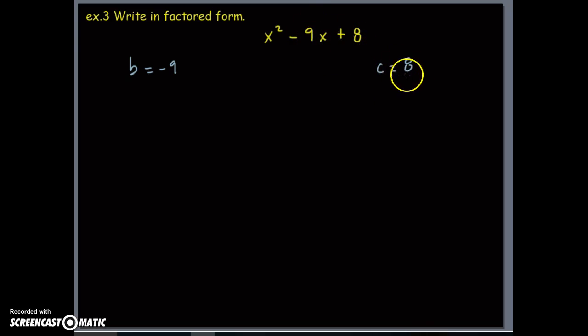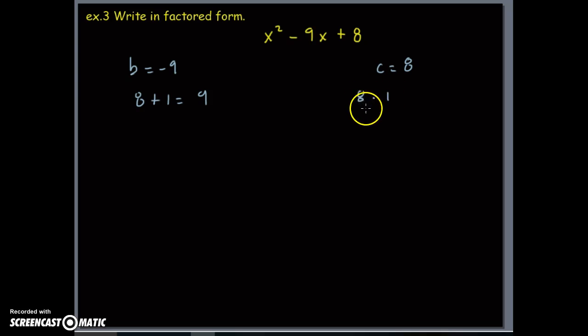So I know that this combination is going to have to include some large numbers when we multiply. So I'm going to start off with 8 times 1. I know 8 times 1 gives me 8 when I multiply it, and then when I add those together, I get a 9. Now that's very close to what I need. I need a negative 9.